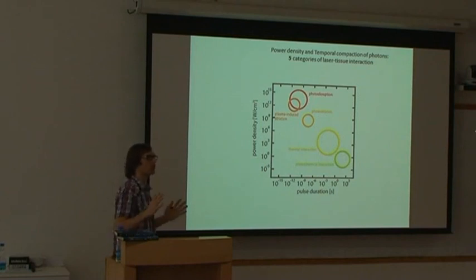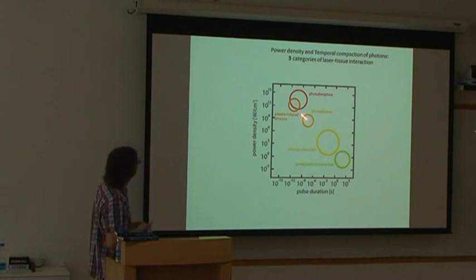That means how much the photons are compacted in time, okay? This would represent, for example, microseconds, nanoseconds, femtoseconds. You heard about femtosecond lasers mostly when you think about this two-photon process, when you want to do two-photon imaging, okay? So it's very interesting to see that you find different regions of interaction.